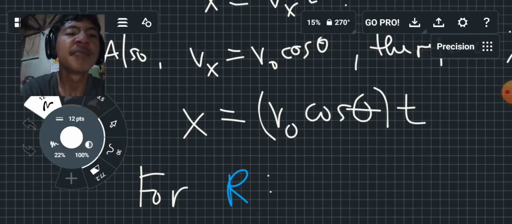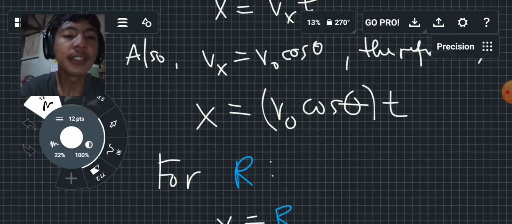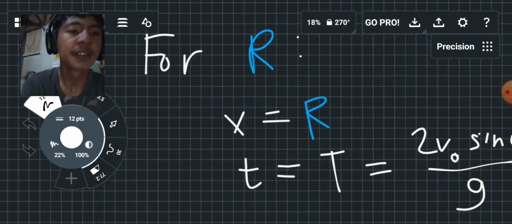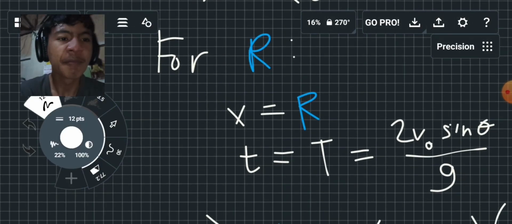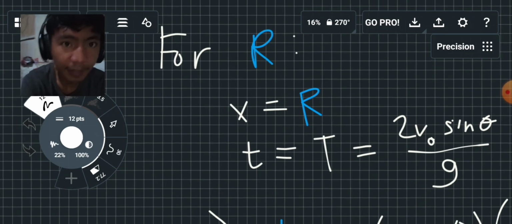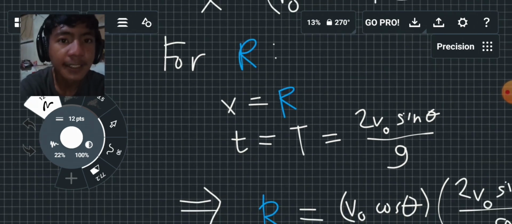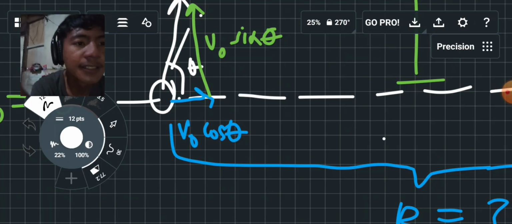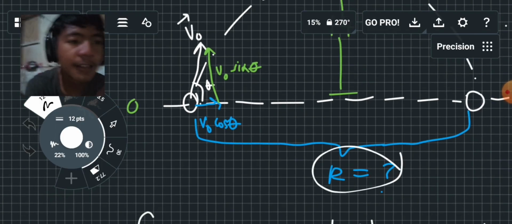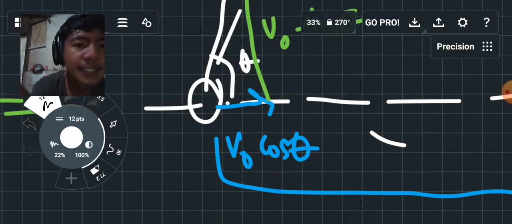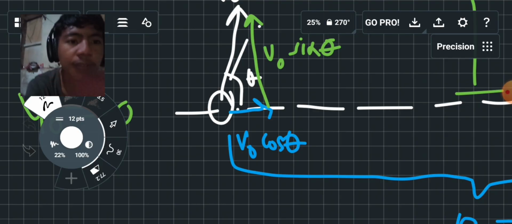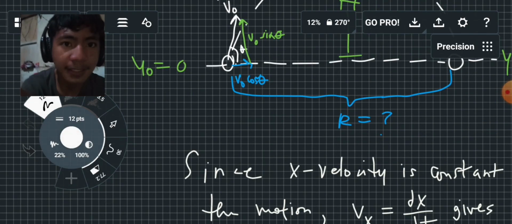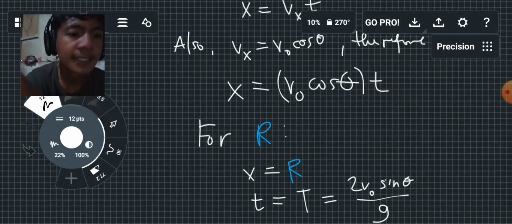So for our conditions, x equals r, since this distance is r and our x here is 0, so r minus 0 is still r, as it is the change here.